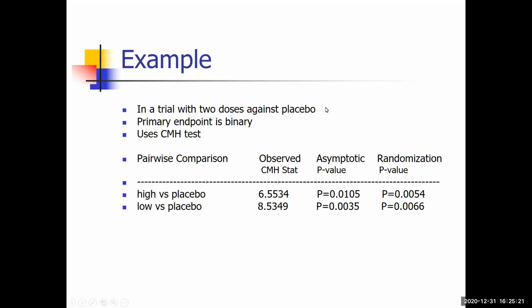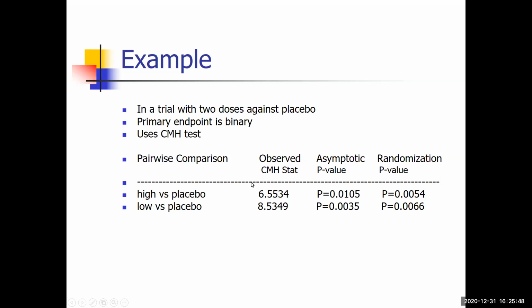The trial was 2 doses against placebo, and the primary endpoint is binary. For that drug, our primary endpoint is responder or non-responder, so a patient may respond to study medication or may not. We used the Cochran-Mantel-Haenszel test. The pairwise comparisons are high dose versus placebo and low dose versus placebo.